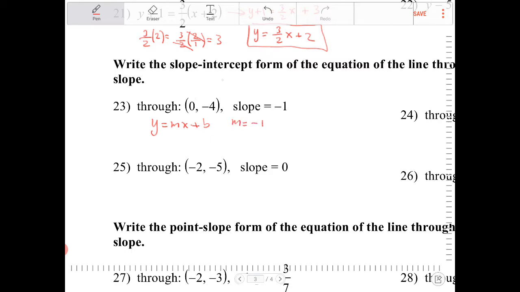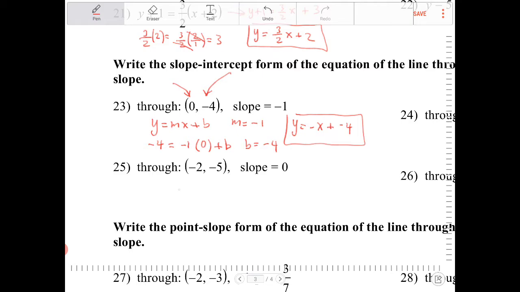And this is the y-intercept, because the x-coordinate is 0 at the y-intercept. However, if you did not know that, you can also say -4 is equal to -1 times 0 plus b, and solve for b this way. So b, as it turns out, is indeed -4. So y is equal to negative x plus -4. Whichever way you want to put it, it's the same thing.